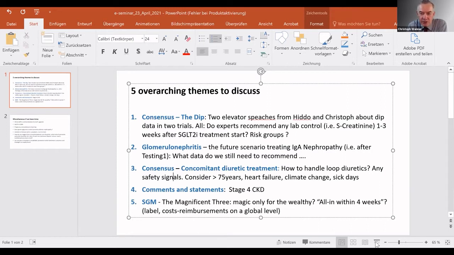And in the short future, we may also receive the label for appropriate treatment. So you can call them magnificent 3, but are they only appropriate or magic for a couple of rich people in the world? And let's discuss this, whether one time we can reach the stage what cardiologists can do in the moment, give all these important treatment all in 4 weeks.